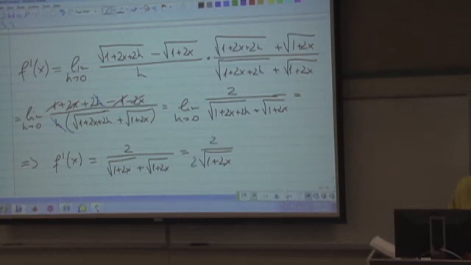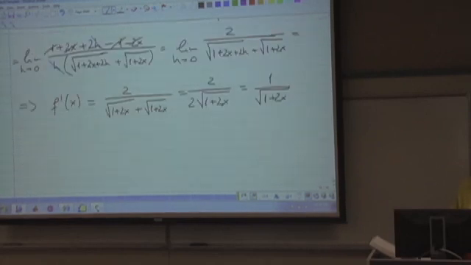What is the derivative, the domain of the derivative? Not quite, but very close.